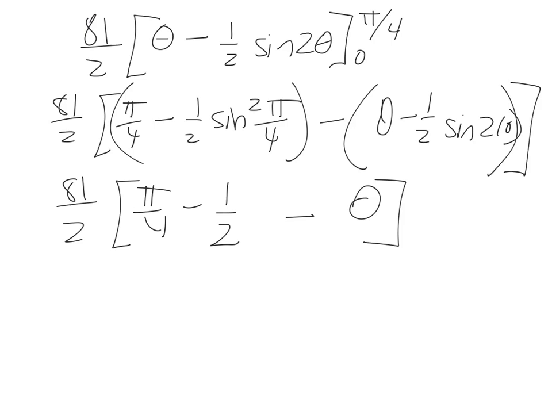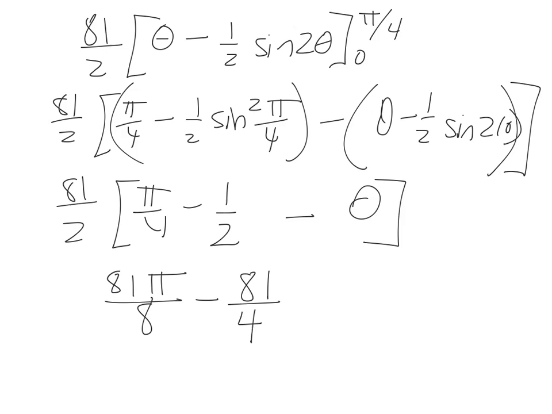So I can distribute my 81 halves and make it be 81 pi over 8 minus 81 over 4. You could multiply that second fraction by 2 over 2 to get it all as one fraction, but this is actually the way they left it when they did it.